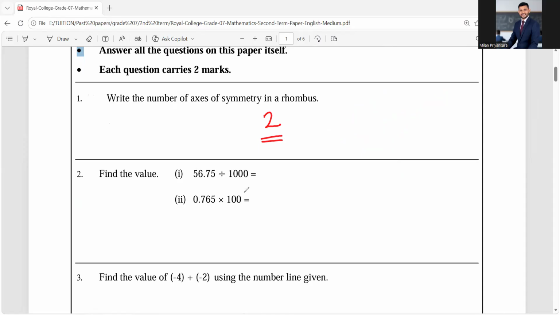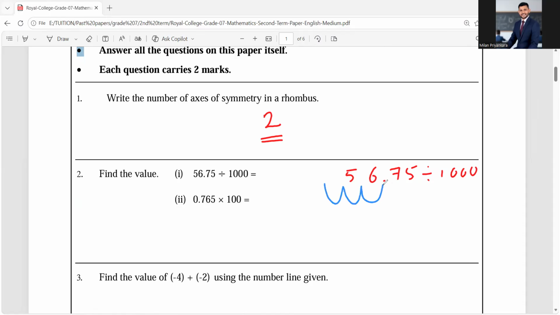Find the value. In this case, multiplying and dividing by 1,000, 100, 10, etc. is very easy. So you have something like this: 56.75 divided by 1,000. When you have to divide by 1,000, you just move the decimal point to the left side.